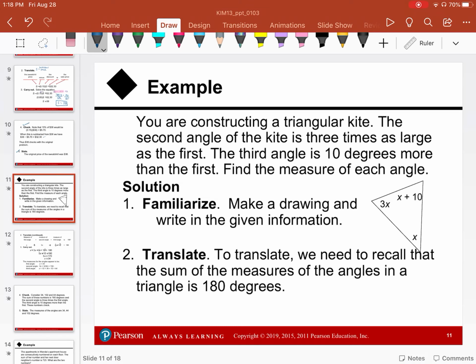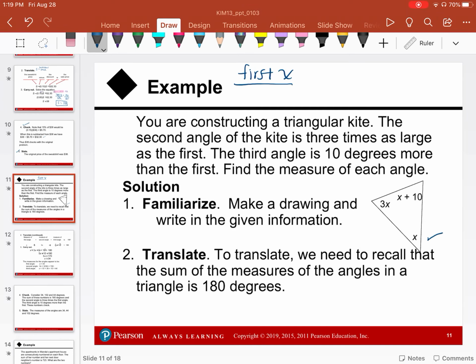Now, we wish to find the value of these angles, and they're just telling us some pieces. Notice that they're all comparing it to the first. So our first angle would be x, and everything else is compared to that. So if we draw a triangle for our kite, we would have our x.